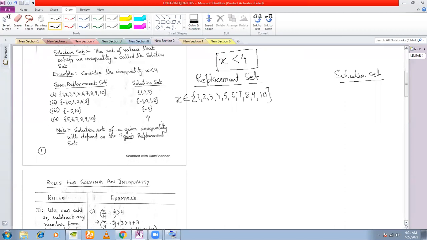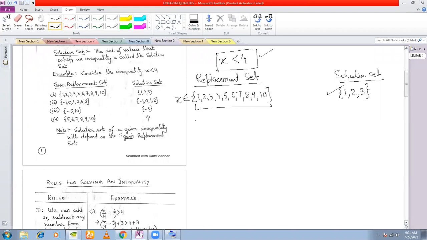So what are those numbers in this set that are less than 4? It is 1, 2, and 3. So the solution set is 1, 2, 3 only.